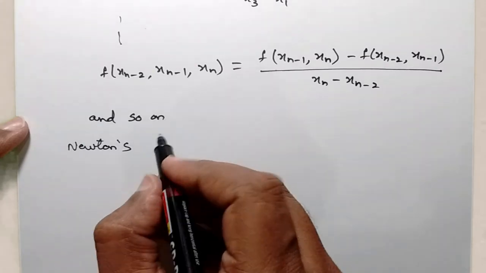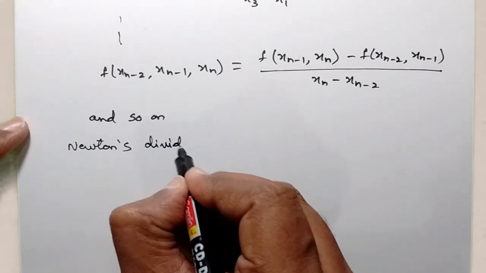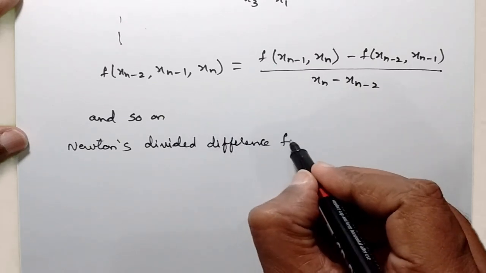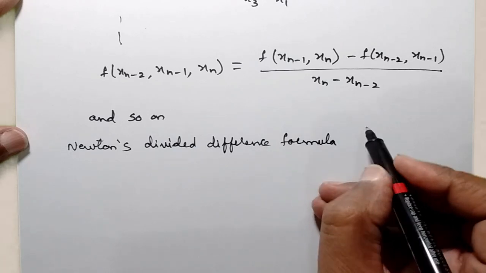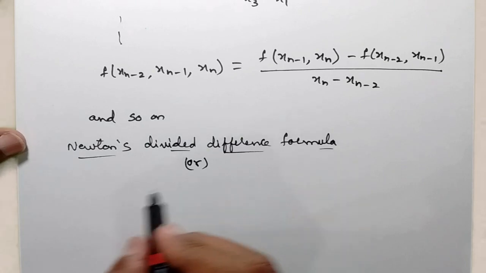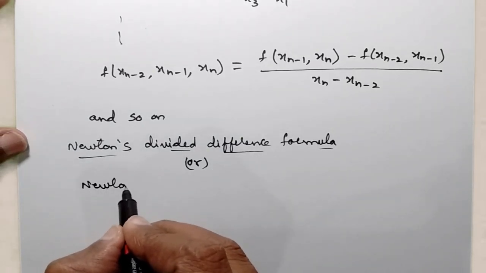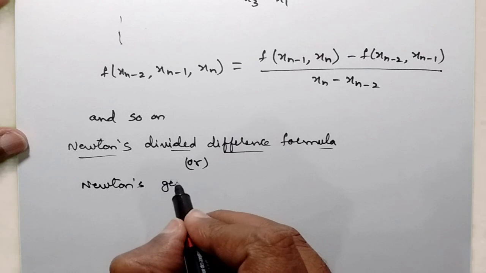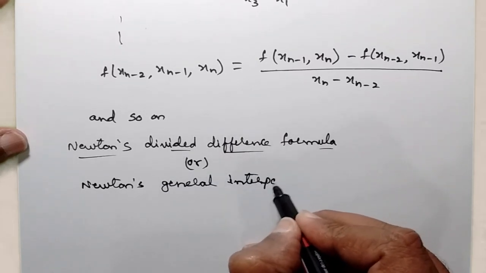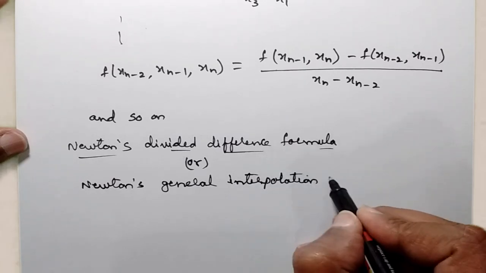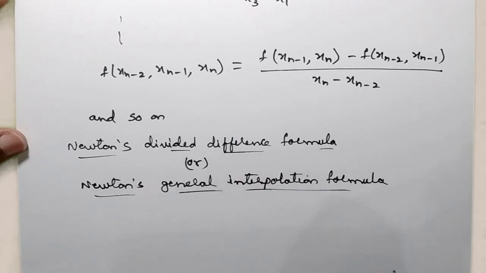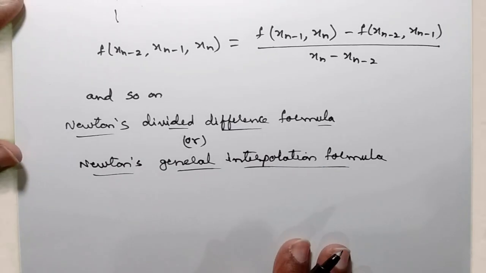This Newton's divided difference formula is also called Newton's general interpolation formula. So the question can be asked, use Newton's divided difference formula, or use Newton's general interpolation formula.